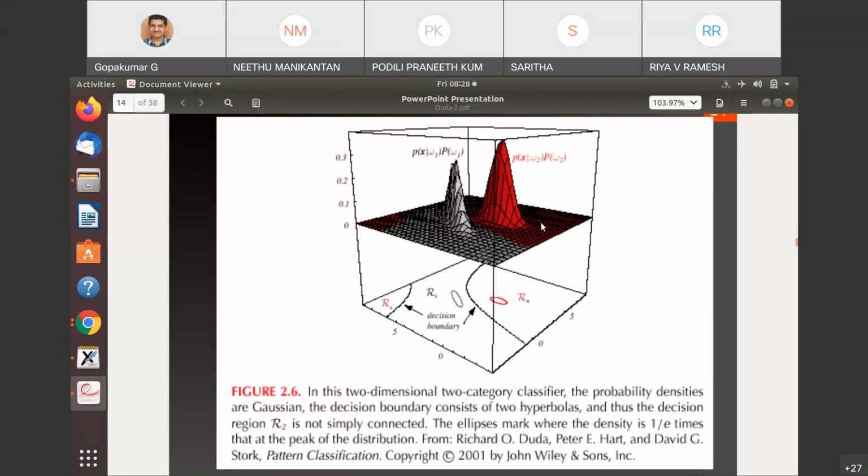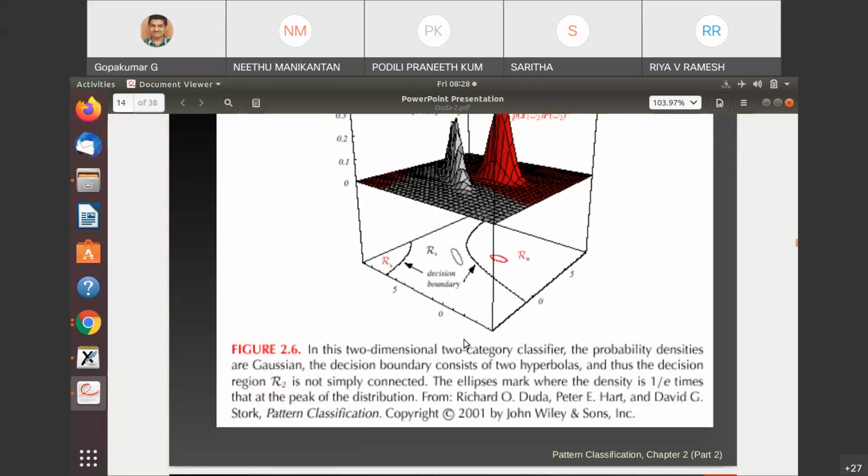This is pictorially how these distributions will look, and the decision boundaries are there. Decision regions we have defined. Decision boundaries are nothing but the lines or curves that separate the decision regions.